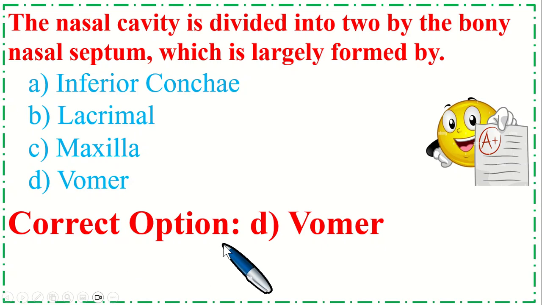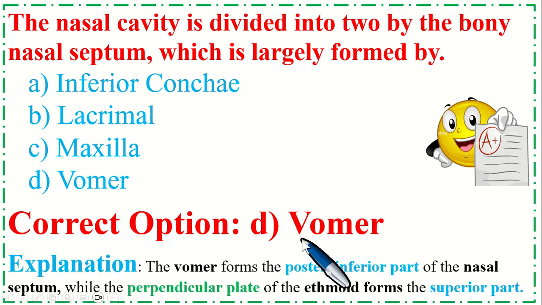So the correct option is D, vomer. The vomer forms the posterior inferior part of the nasal septum, while the perpendicular plate of the ethmoid forms the superior part.